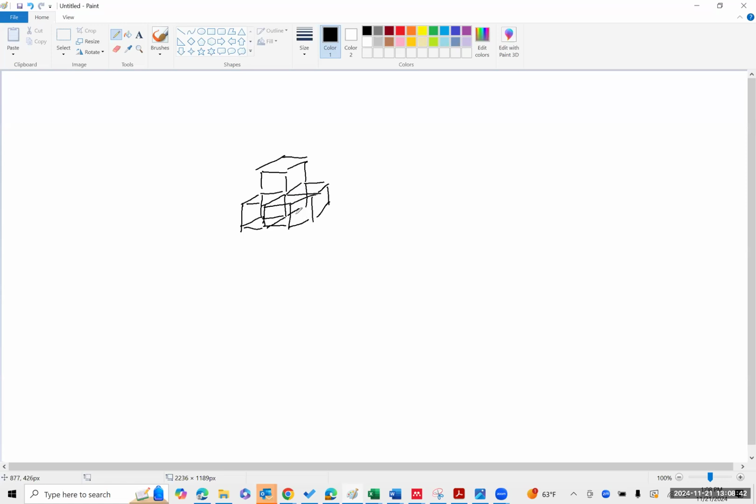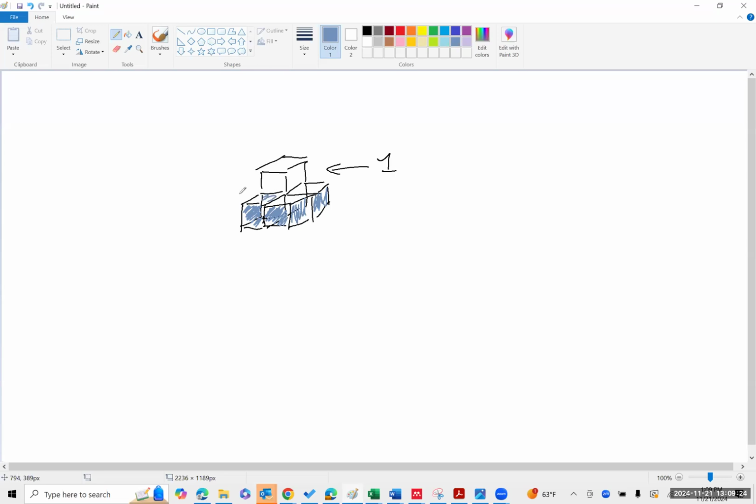If you're able to follow my kind of crude drawing, what you're seeing is there was one on top, and then what I've added, and I don't know if shading will help, but I can certainly try to add a little bit of shading. I've added this face, another face here.